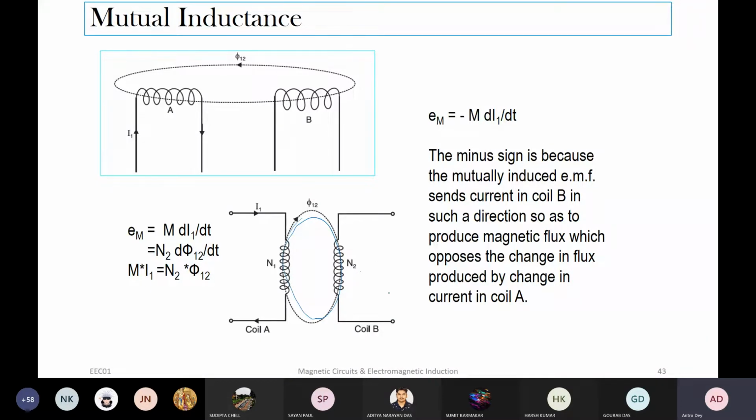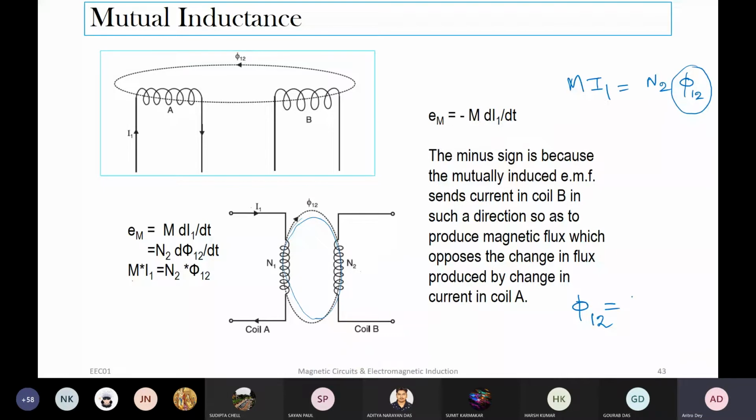So M is the mutual inductance due to this current I1. So M into I1 is equal to N2 into phi 12. So phi 12 is also due to your current I. So this phi 12 again you can write like this.